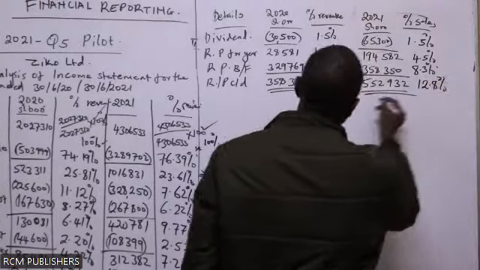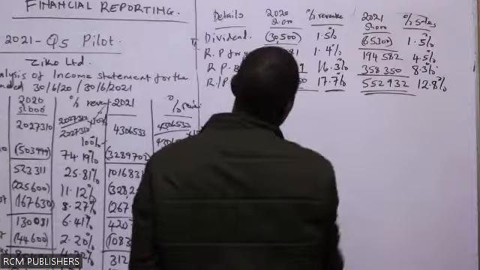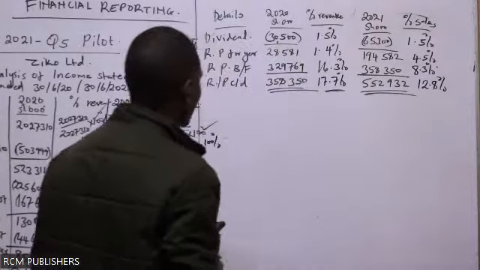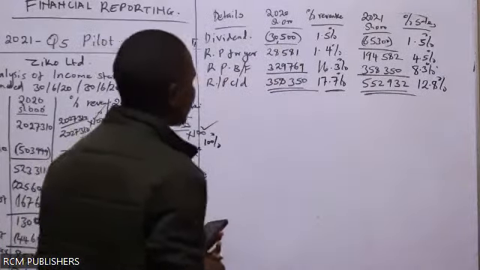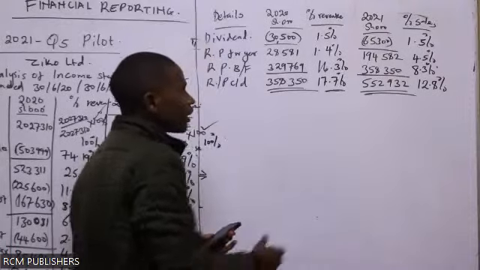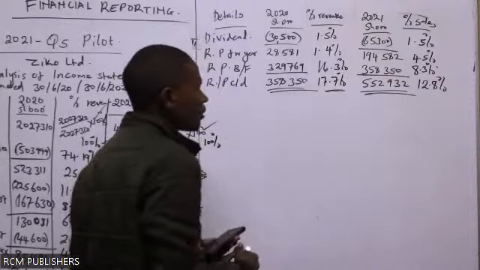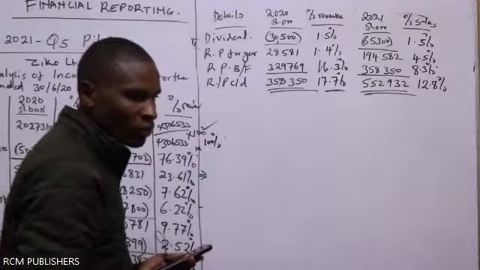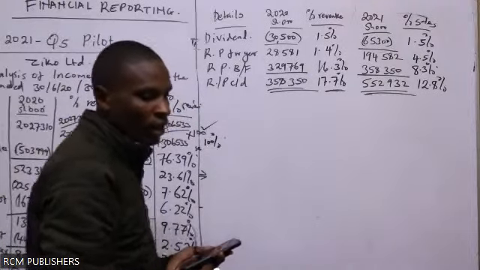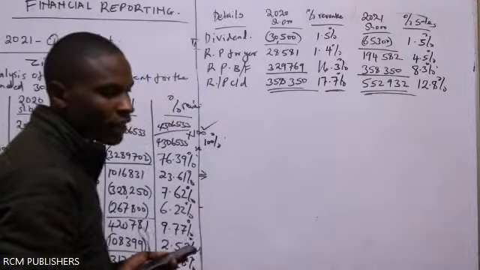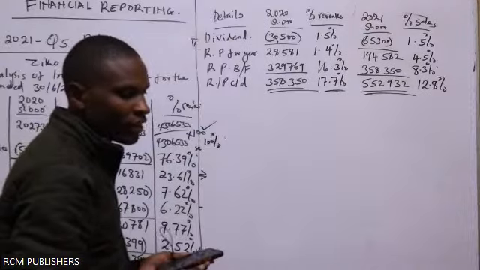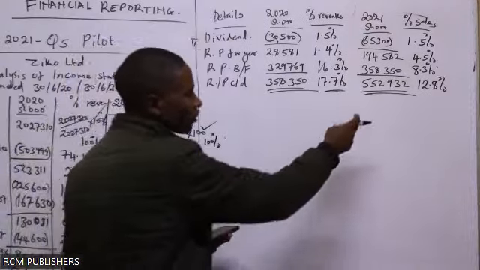So at the end, you find that our retained profit carried down for year 2020 is higher in percentage form compared to that of the other year.